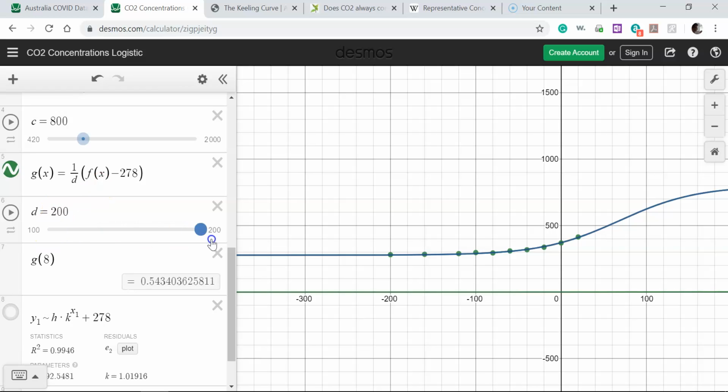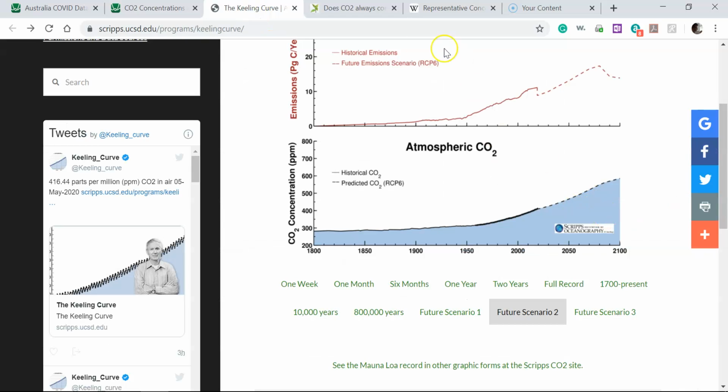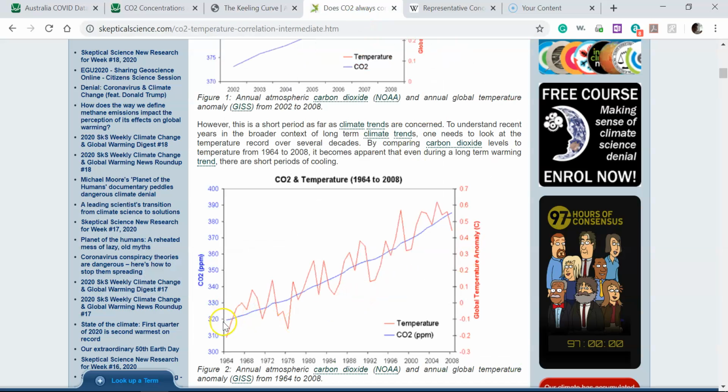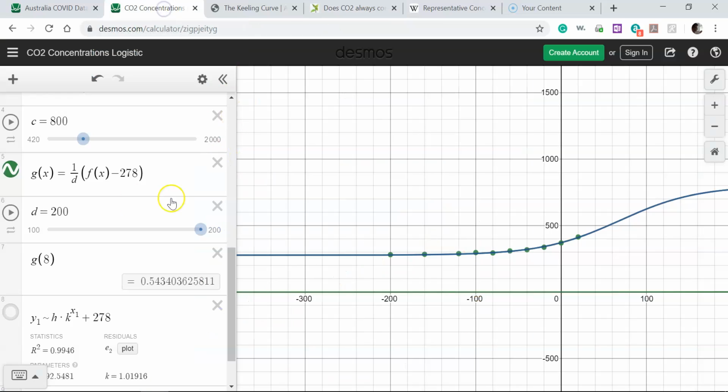This would be for every 200 parts per million, we increase by 1 degree. If you look in here, between here and here is about an increase of 70 parts per million and an increase of about 7/10 of a degree. So it seems to be about 1 to 100. But if you wanted to be a little on the safe side, you could say it's maybe 1 to 200.